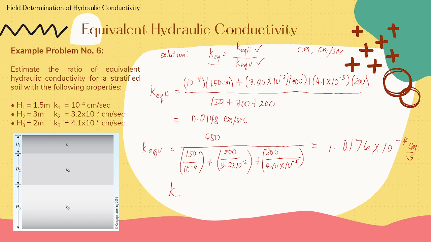And then our ratio is equal to the equivalent horizontal over the equivalent vertical flow, or 0.0148 over 1.0176 times 10 raised to negative 4, and this is equal to 145.4851.